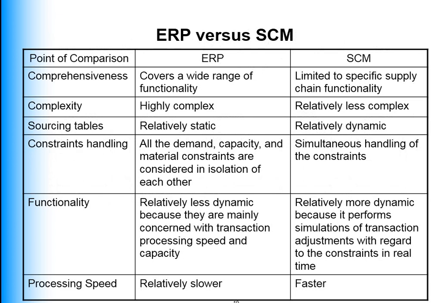ERP versus SCM, points of comparison. Comprehensiveness: ERP covers a wide range of functionality, while SCM is limited to specific supply chain functionality. Again, for your information, ERP is a system that covers all the business flow of the company.